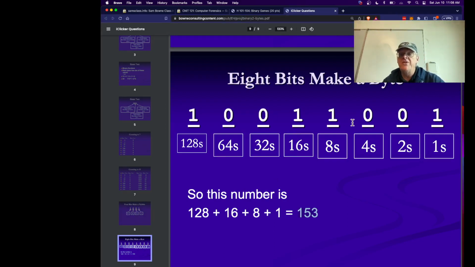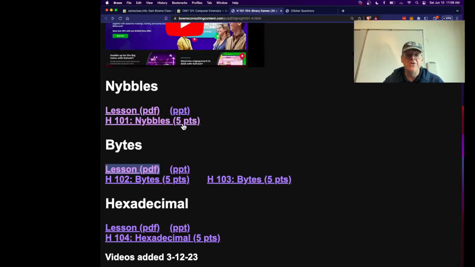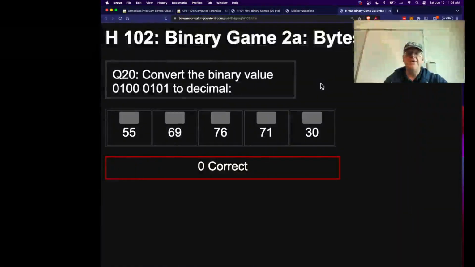So let's try a few of these. Again, there's some games to do here to show you can do it. Here's bytes. So can somebody tell me what this is? I put a space in the middle just to make it easier to read. 0100 0101.